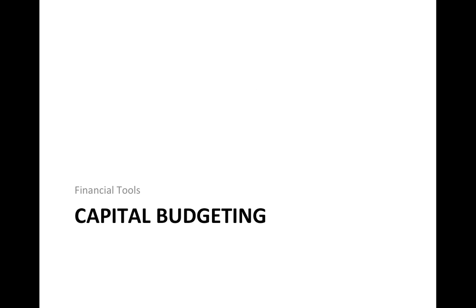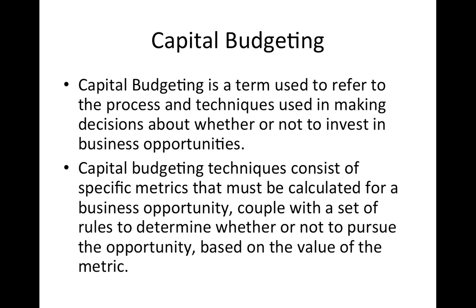The last thing is capital budgeting as a tool. It's a term that we use to refer to both a process and a set of techniques used to make decisions about whether or not to invest in business opportunities.